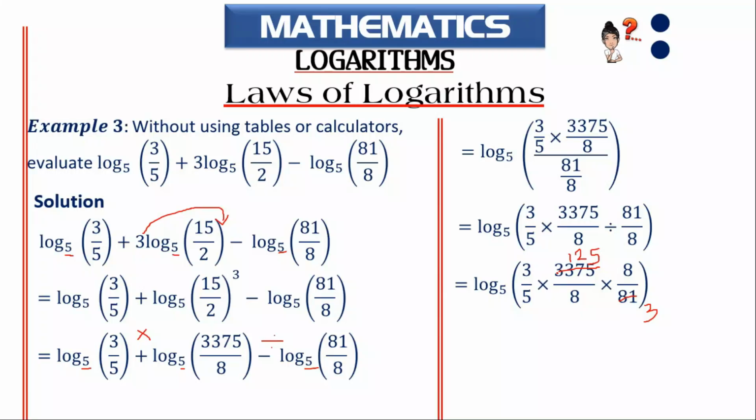So 3 here, 1. 8 here, 1. So 5 here, 1. 5 and 125, that's 25.